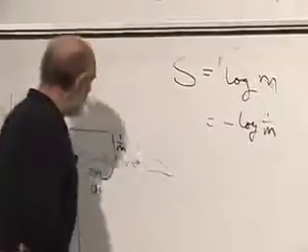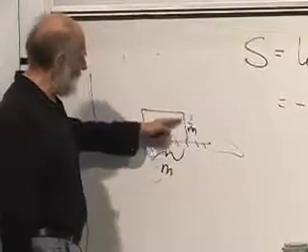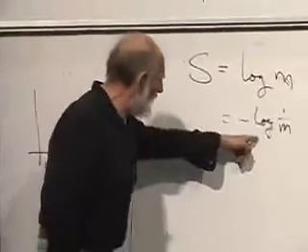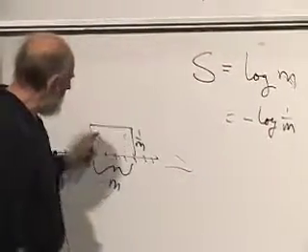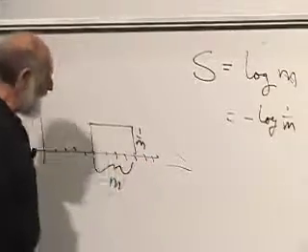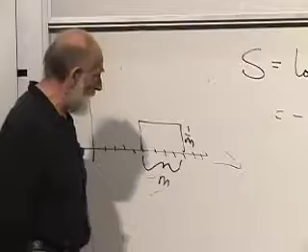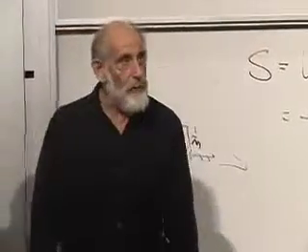The only reason I'm writing it in terms of 1 over m is because the probability distribution happens to have height 1 over m. So this is writing it in terms of the logarithm of the probability distribution. Logarithm of the probability, where it's non-zero, in a non-zero range, is a measure of your ignorance.